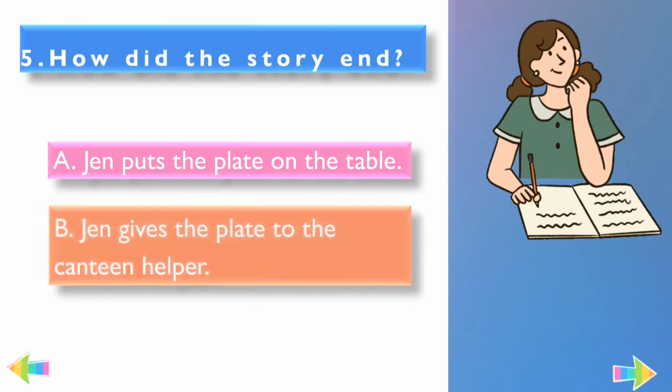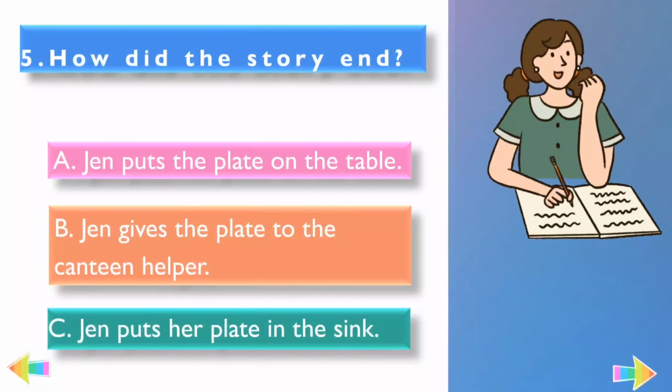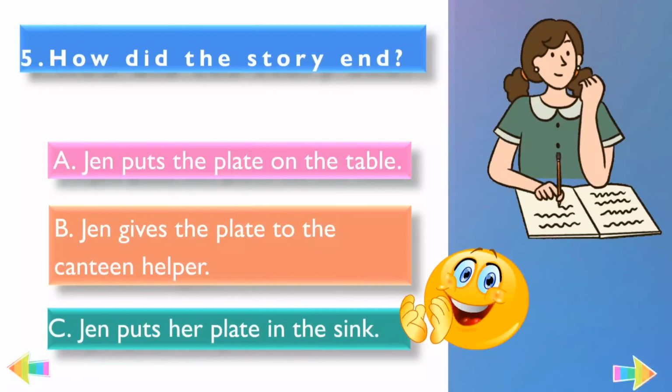How did the story end? A. Jen puts the plate on the table. B. Jen gives the plate to the canteen helper. Or C. Jen puts her plate in the sink. Very good. Jen puts her plate in the sink.